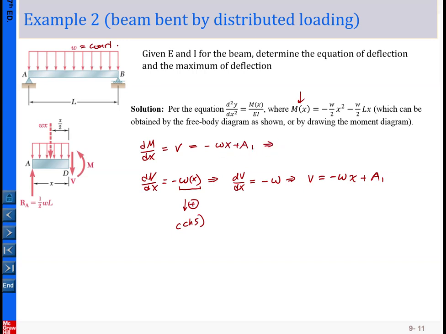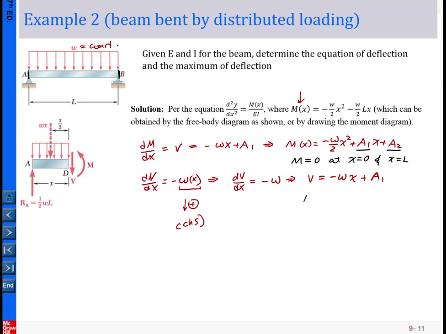So here we do the integration. M of x should be equal to minus omega x squared over 2 plus a1 x plus a2. Now we have two integration constants, a1 and a2. By looking at this information, we know the bending moment equals 0 at x equal to 0 and x equal to L. This is the free end, and at the free end there is no bending moment.